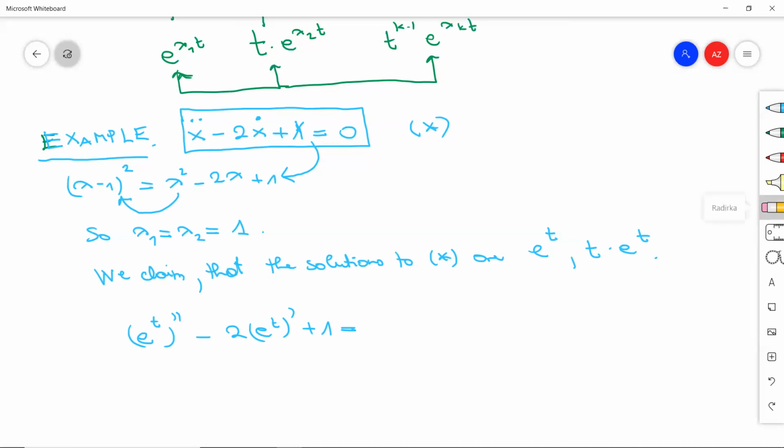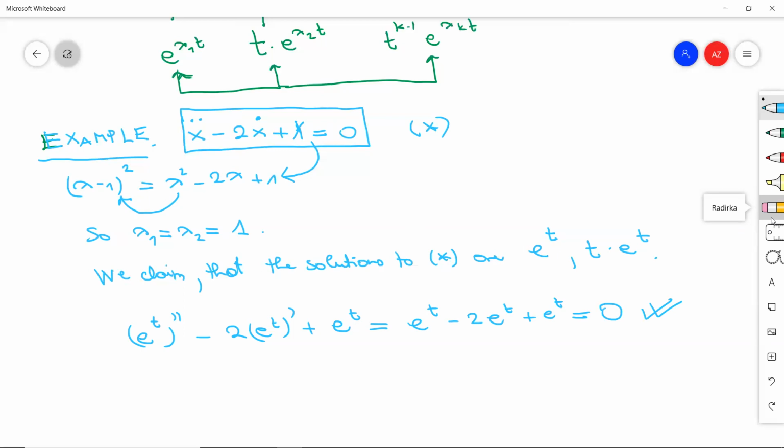So here, you see, it's good to check the solutions, and then you see if you screwed up something. So e^t second prime minus 2 e^t prime plus e^t. What we get: the derivative of e^t is just e^t, minus 2 e^t plus e^t, and we really get 0. So e to the power of t is really a solution of our differential equation.